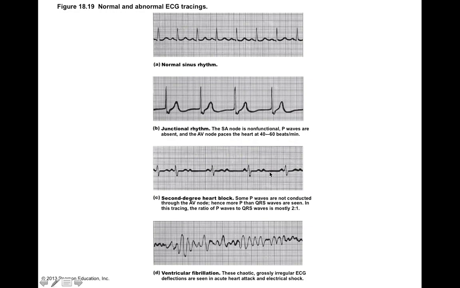A QRS wave. That's why it's considered heart block, because there was a non-conducted P wave. There was an atrial contraction because the action potential spread across the heart, but it didn't stimulate the ventricles to contract. Now, don't worry about second degree or whatever, because we'll go through the degrees of heart block in pathophysiology, but just keep that in mind.